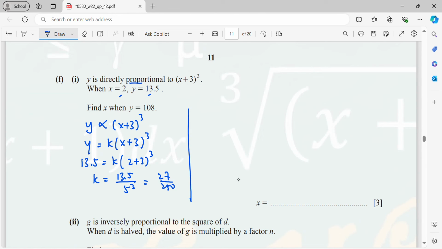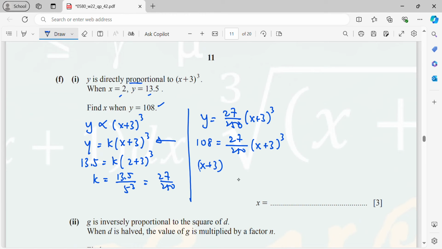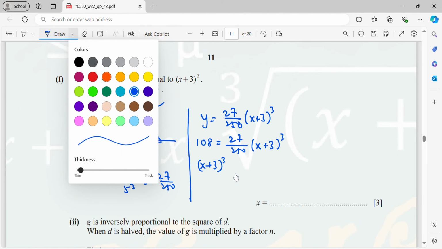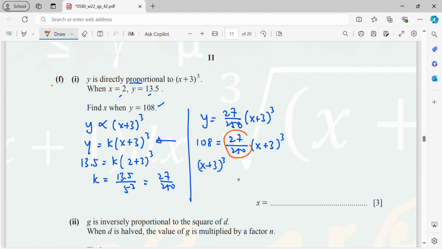And now rewrite. So which means now your y, substitute back into this equation, is 27 over 250 times x plus 3 cubed. And replace the y by 108 to get the x. Then now your x plus 3 cubed. So this 27 over 250, you move it to the left side.